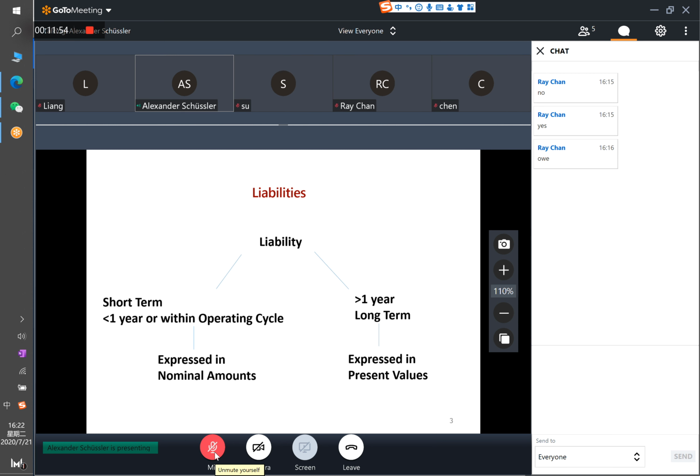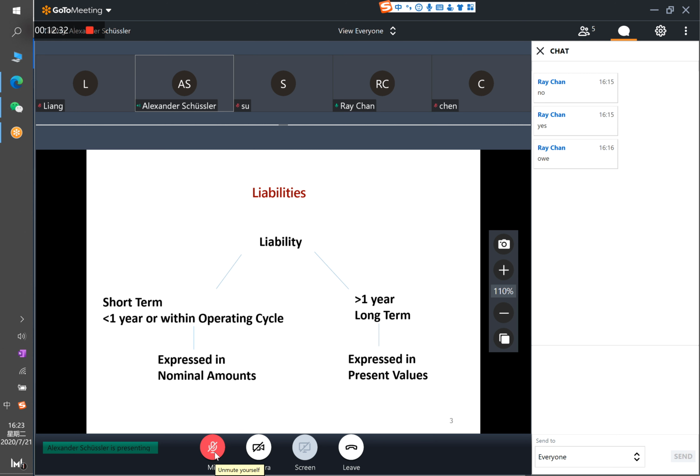When we're talking about long-term liabilities, then it's not expressed in the nominal amount, in the principal, but rather it is expressed in present value. Do you also have an idea what present values are? Something or the money, the value of the things or cash in the present.